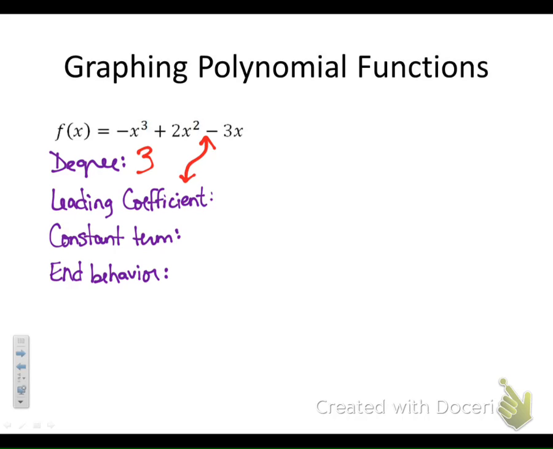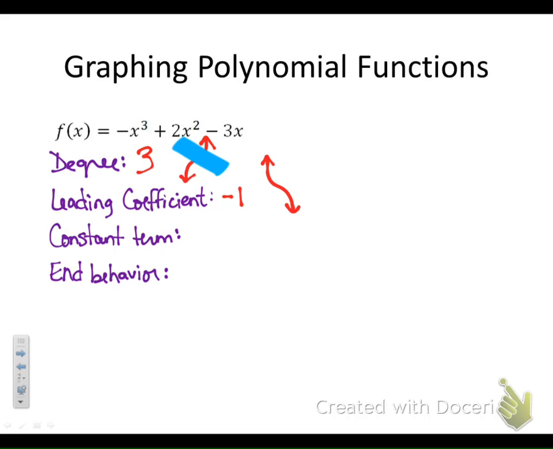Then the leading coefficient will let me know if it's supposed to be a reflection. Leading coefficient, -1. So now I'm no longer moving like that. I'm going to switch direction. I'm going to go up to down because I read this left to right. Up to down.